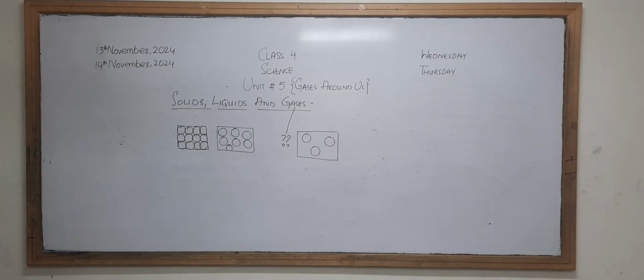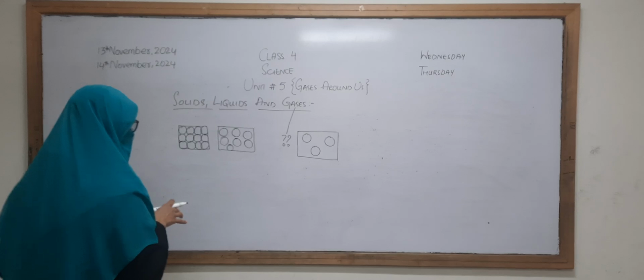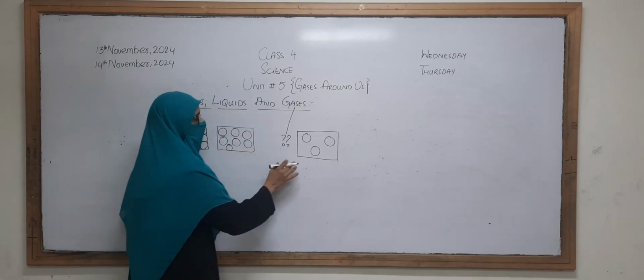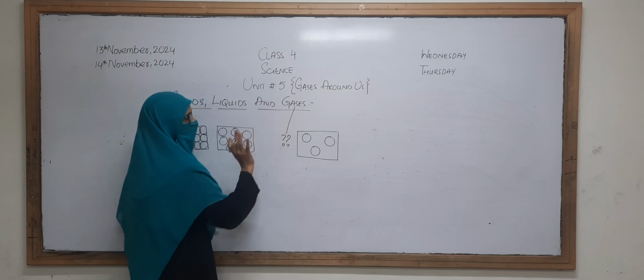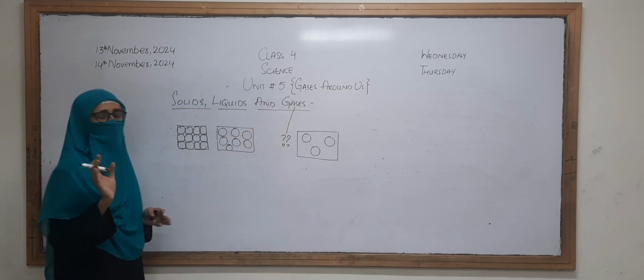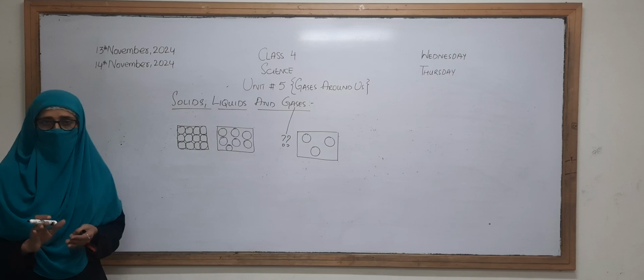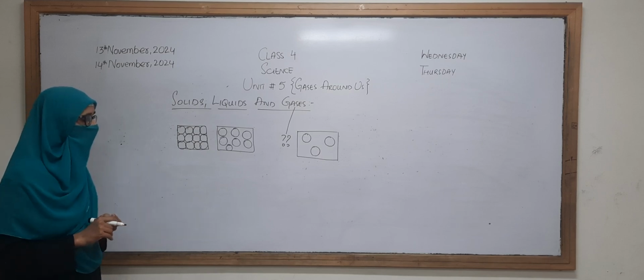If we see the picture of the gases, the molecules have a very large space, more than the liquids and the solids. So we can say that the gases don't have a definite shape and they don't have a definite volume.